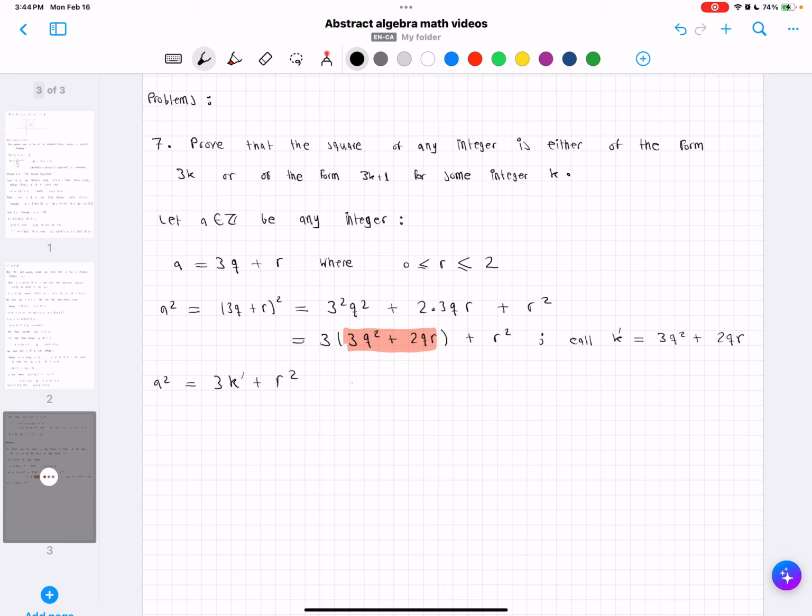So, well, r has 3 possibilities. If r is 0, we get that a squared is a multiple of 3.